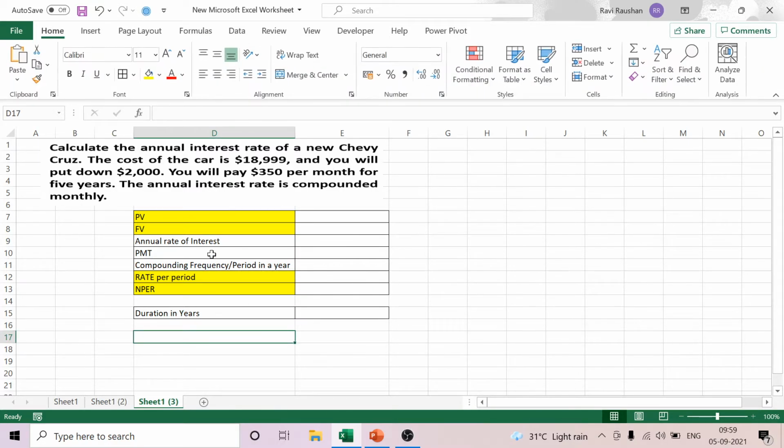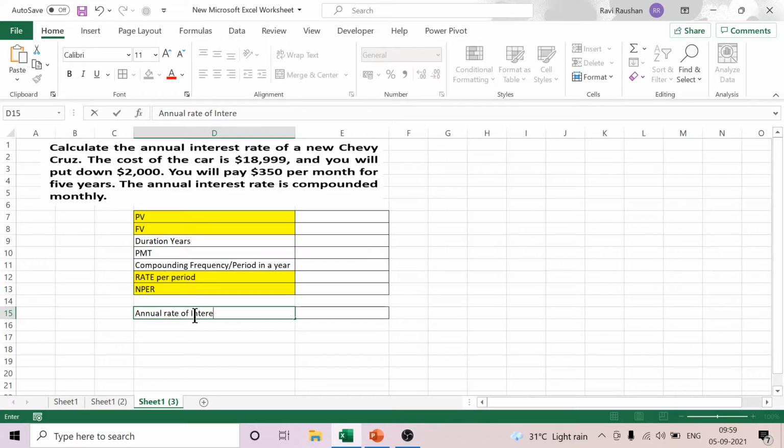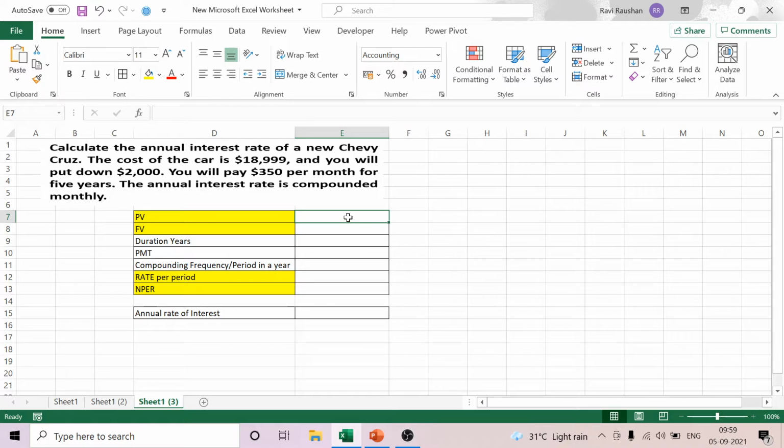So let me do one thing. Let me put here duration in years, because the output should come here. Annual rate of interest. Now here my present value will be 16,999, because I will take a loan for this. That we'll have to understand because 2,000 I am making as a down payment.